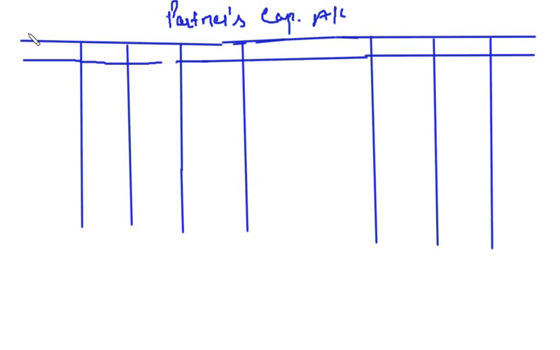Okay, let's start. So we have three partners. I'm writing it in short, AKV. Okay. Particulars, Aruna, Karuna and Varuna. Right. So what is the balance?